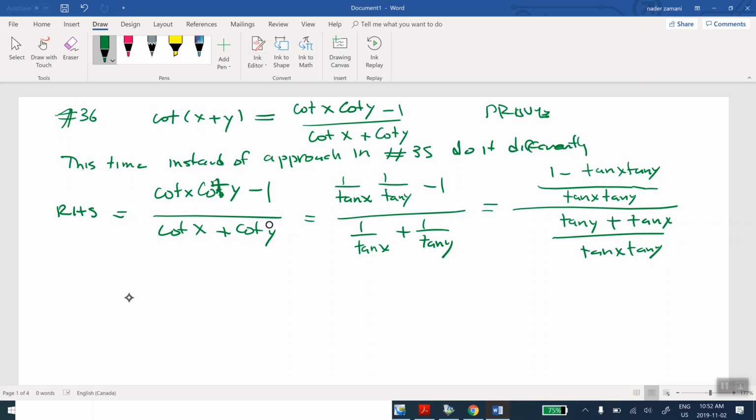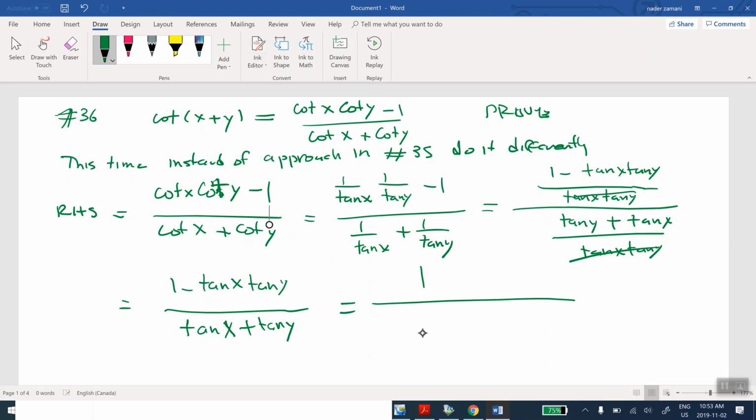It really doesn't matter. Now notice that these two cancel each other out using basic laws of arithmetic, leaving 1 minus tan x tan y divided by tan x plus tan y. And I'm going to write this as 1 over tan x plus tan y divided by 1 minus tan x tan y.